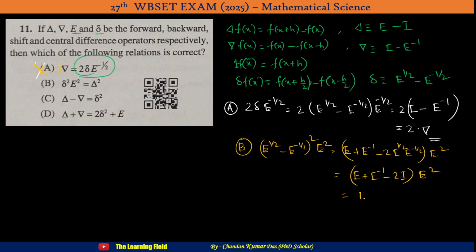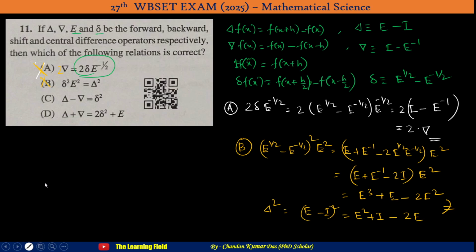This is equal to E cube plus E minus 2E square. But this is not equal to delta square. If we calculate delta square, then (E minus I) whole square is E square plus I square minus 2E. No, these two are not equal. That means this option is also false.